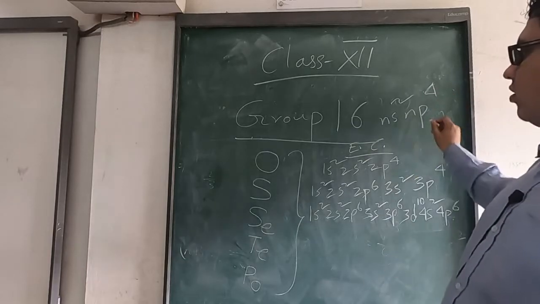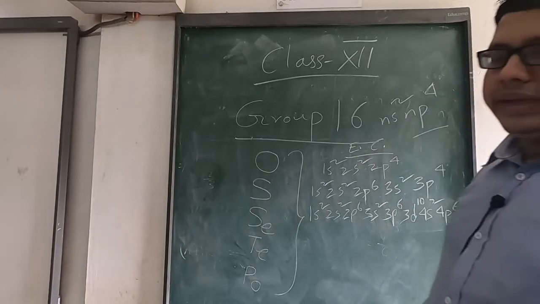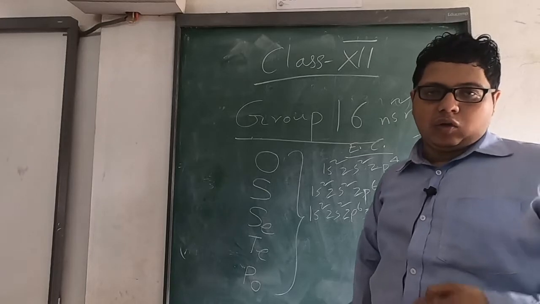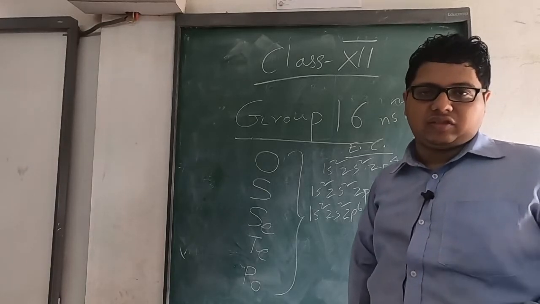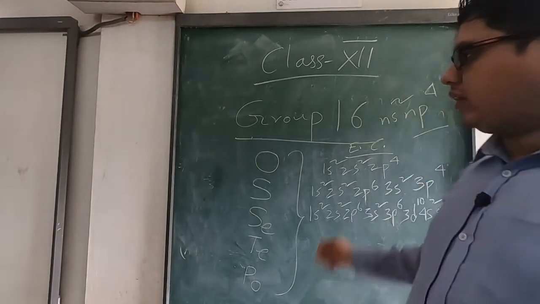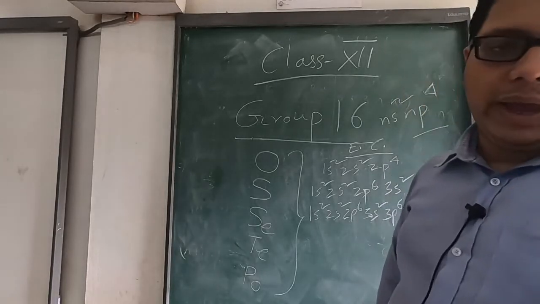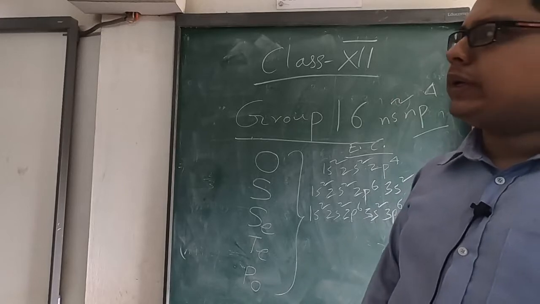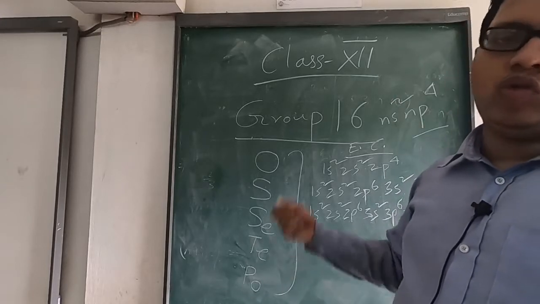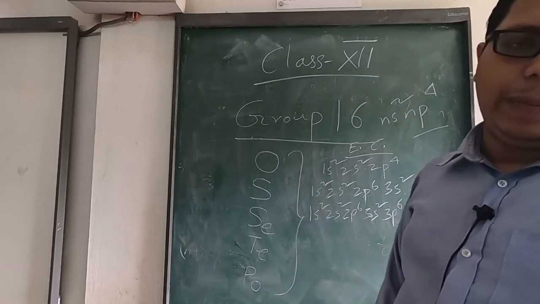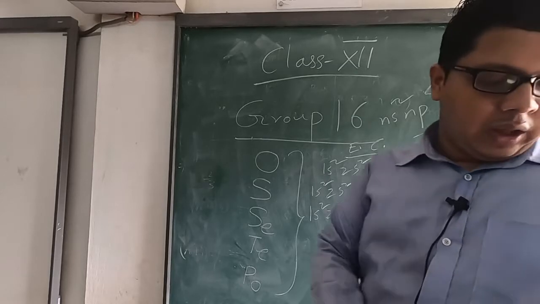And as it is ending in the p orbital, the electrons enter the p orbital of the outermost shell, that is the p orbital is the last to be filled here, so we are calling them p block elements, just like we talked about group 15 earlier. They are also p block elements, right?